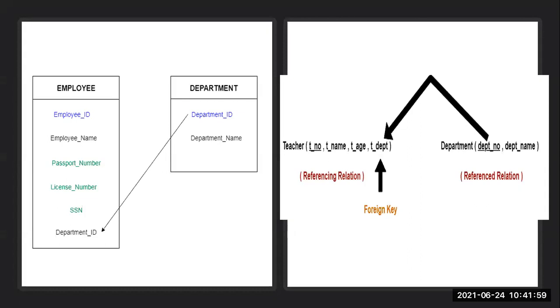In the personal table you have created USN as a primary key, and from first semester to sixth semester that USN acts as a foreign key, because you are referring to USN from that table. The personal table is the referenced table, and the referring tables are first semester, second semester till sixth semester. So here the teacher department is going to be a foreign key.